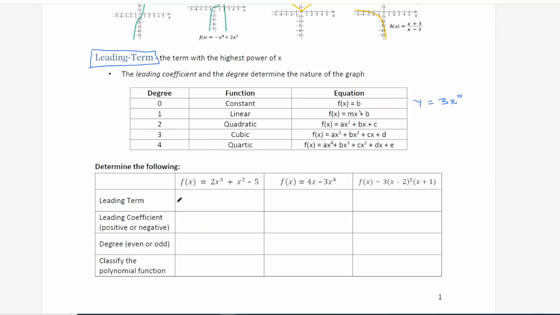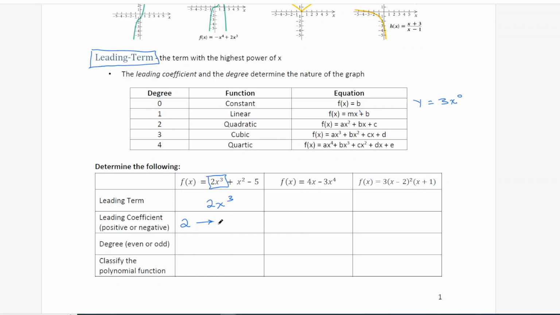So let's just practice pulling out those key things. The first thing we're going to do is pull off the leading term. The leading term is the term with the highest exponent on x. So if you look at this polynomial function, it would be your 2x cubed. The leading coefficient is the number in front of the x cubed, so the leading coefficient is 2. And really what matters about this 2 is whether it's positive or negative.